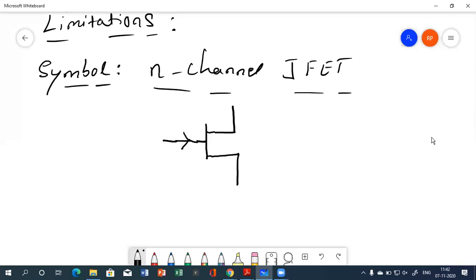Okay, I call this the gate, I call this the drain, and I call this the source.